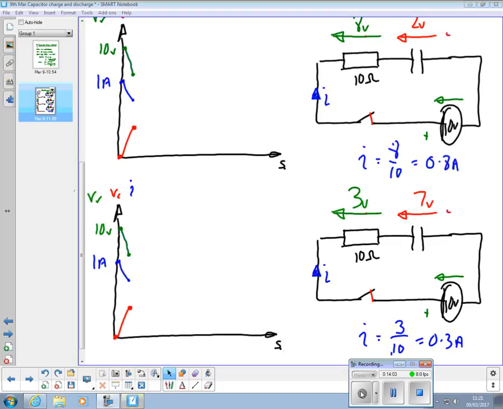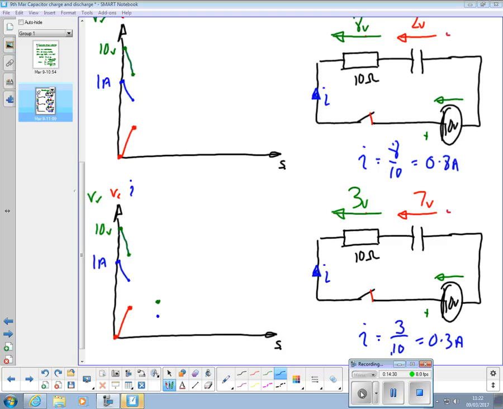So in another period of time, our VR has fallen down to about 3 volts there. Our current has fallen to 0.3 of an amp.